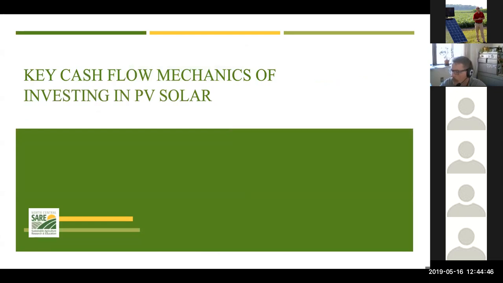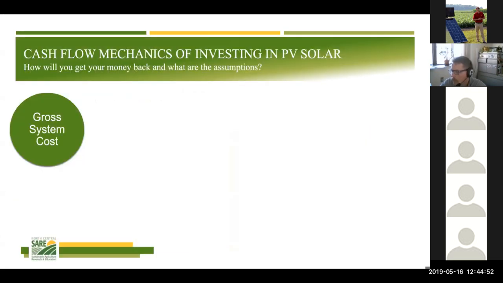Okay, so we're going to start to look at the key cash flow mechanics of investing in PV solar, and I'm kind of process driven. I like to look at this as a process flow. When we think about solar, the one drawback is that it is a significant upfront capital investment.